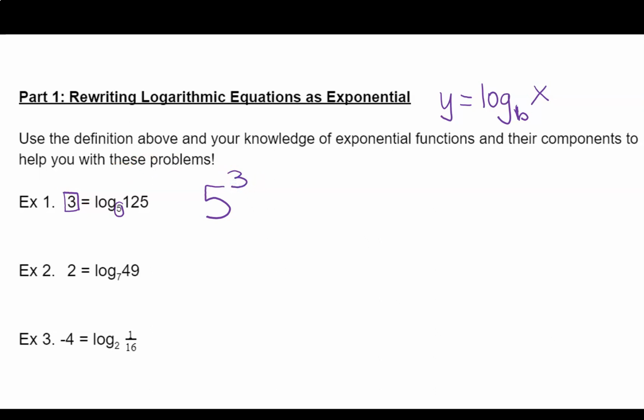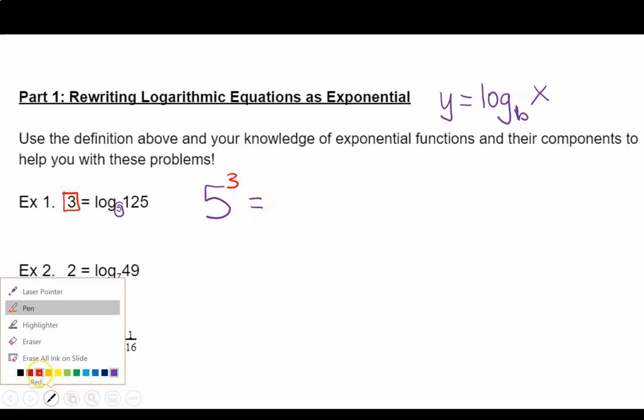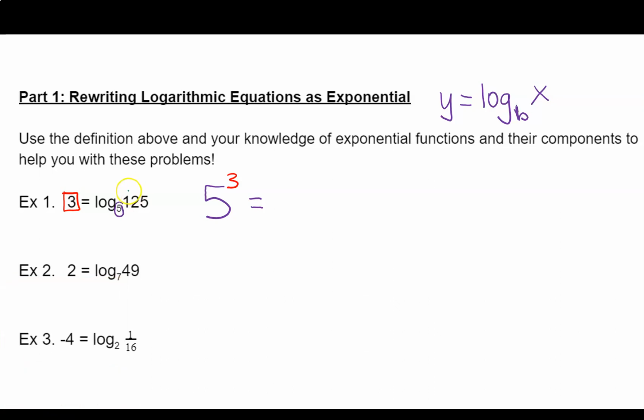Maybe I should color code this. What my log equals is the exponent of the exponential. And the argument, let me use a different color, let's use green, the argument on the log is what the exponential equals. Just those pieces in that order is how we're going to figure this out.